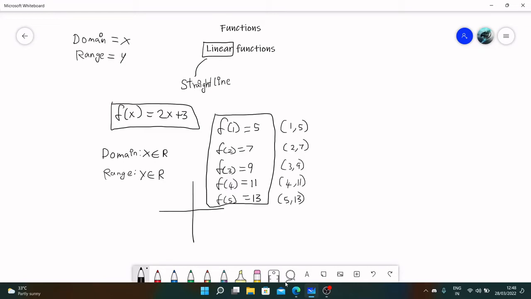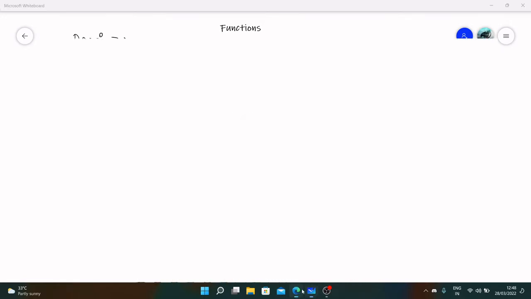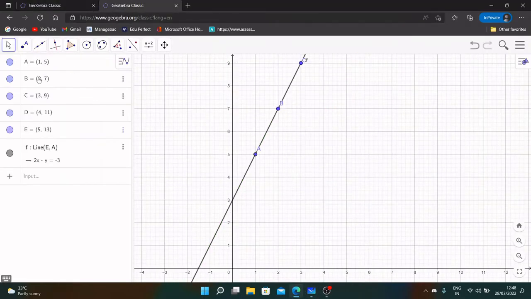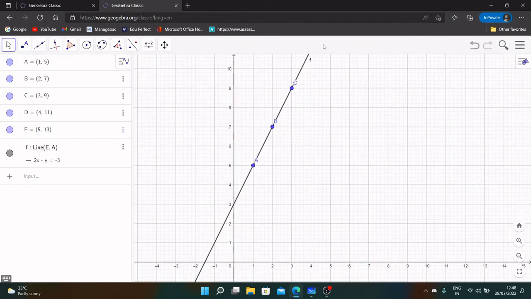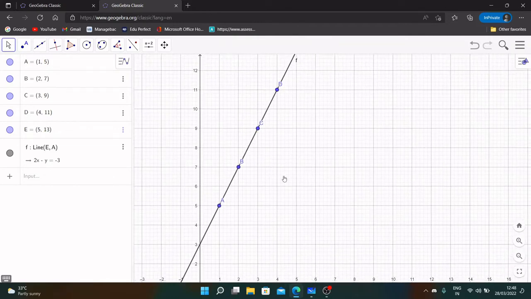These are all the sets of coordinates that we have: our input value and then our output value, x and y, domain and range. Now let us plot this on a graph and see what it gives us. I have done that over here. We have all the 5 values that we got, and I just drew a line passing through all those points.